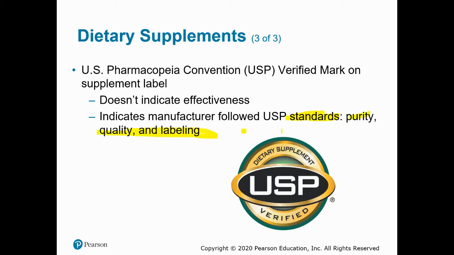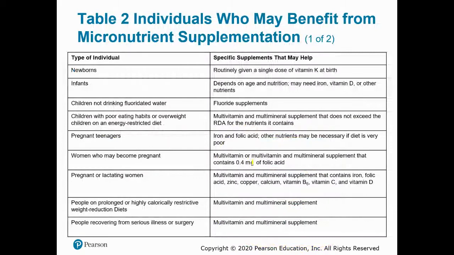So you can look for the USP seal of approval on your supplement product if you decide that you are going to take supplements. Again, this doesn't necessarily guarantee safety or efficacy, but it at least gives you a little bit greater assurance than not seeing this at all.